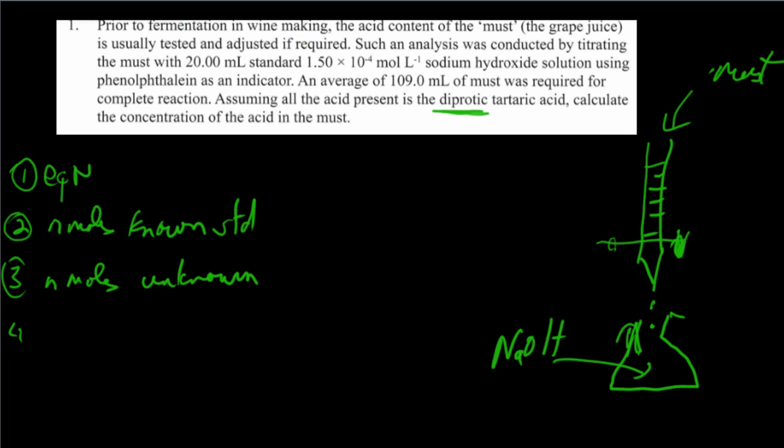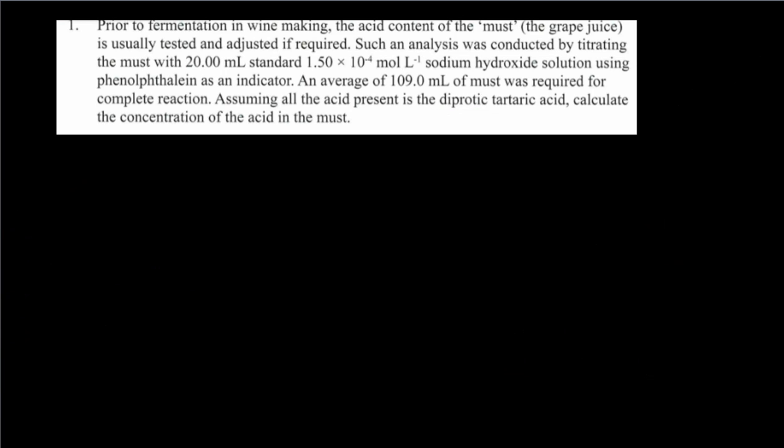And fourthly, finally, we can find the concentration of the unknown. Okay, so now that we have an overview of what the experiment looks like, and a battle plan for tackling it, let's first work on our equation before moving on to our number of moles.